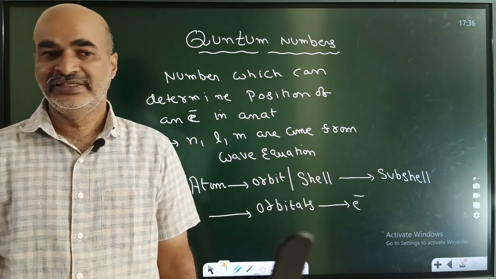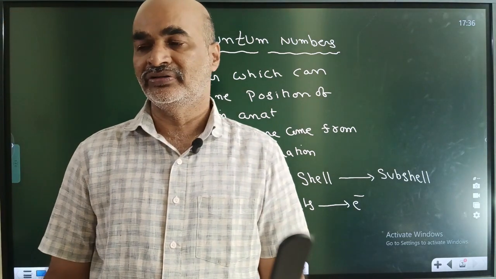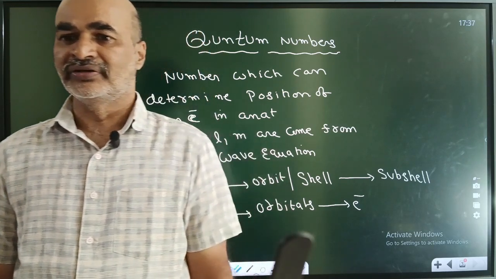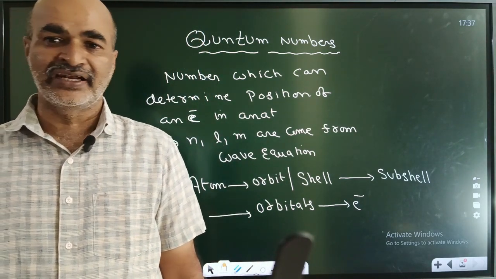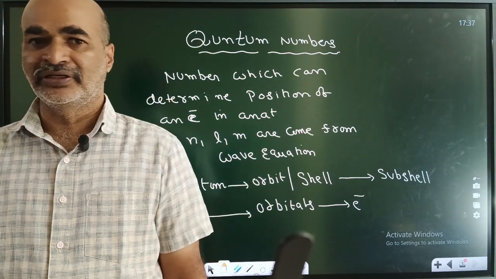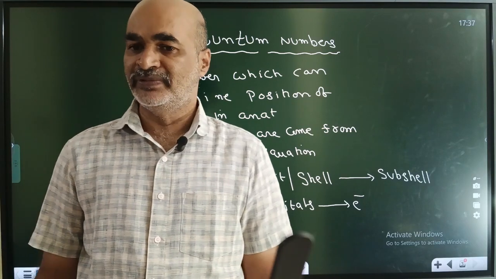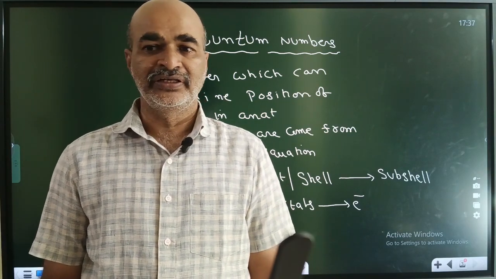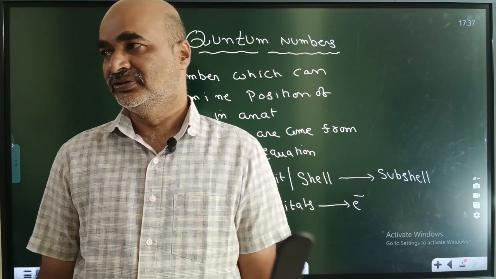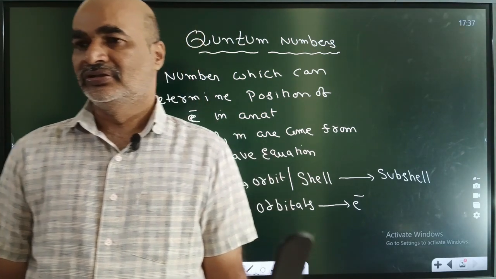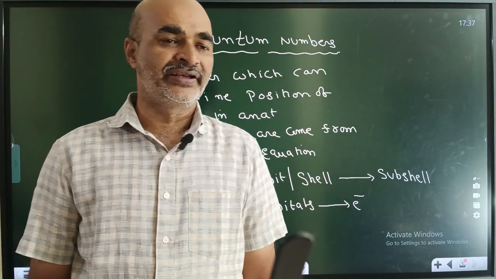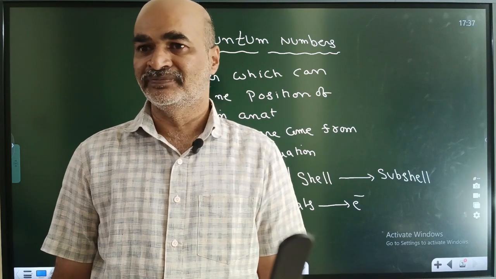But the position of an electron, the entire picture of the electron, is characterized by four quantum numbers: principal, azimuthal, magnetic, and spin quantum number.